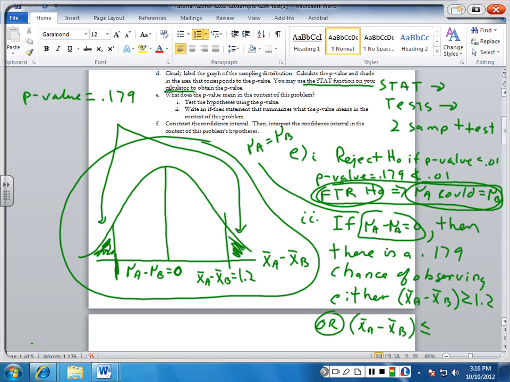And what this point has to be is the same distance from the center of the distribution as this value. And since the center is 0, this has got to be minus 1.2. So that takes care of part D and part E. The picture of the sampling distribution is part D, and then E is here and here.